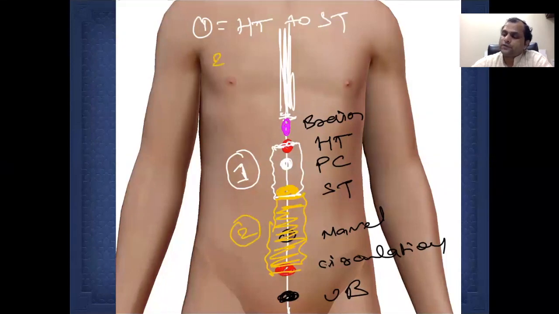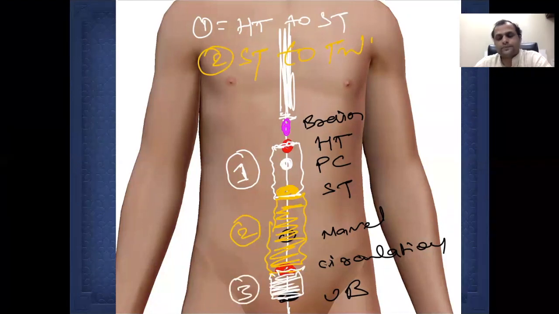The meaning of number 2 is stomach to circulation or triple burner. Now from the circulation till the urinary bladder, we can consider as number 3.